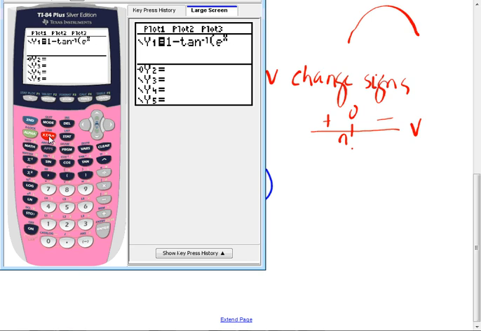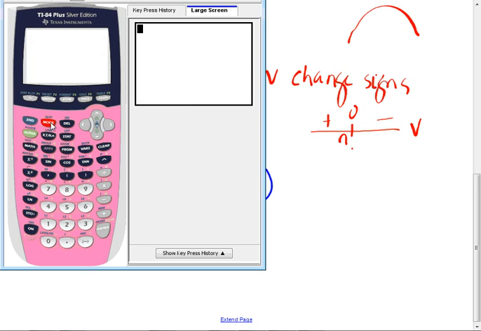Okay, so I'm going to quit. Now, there's a solver command, but I don't like that one. I like to go through the catalog. Where's catalog?